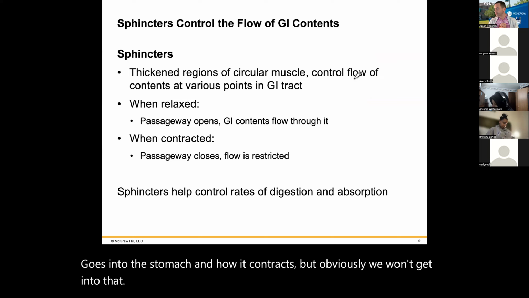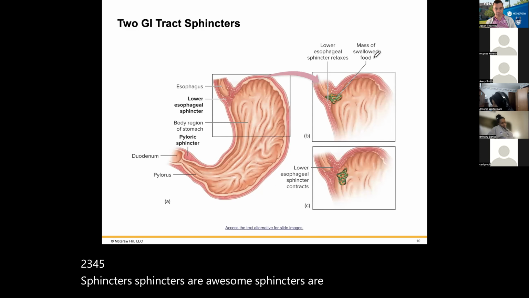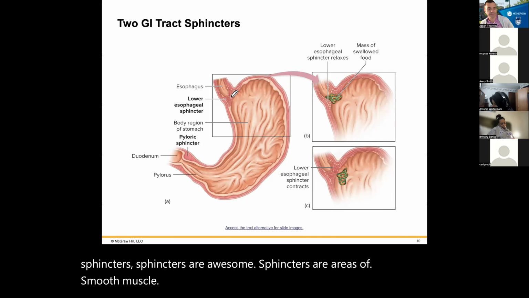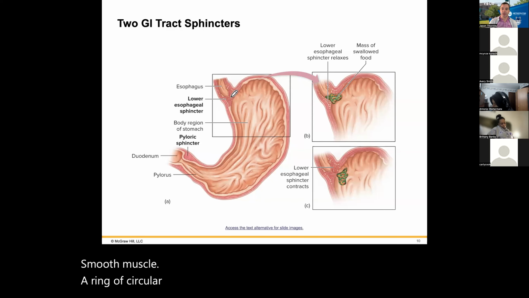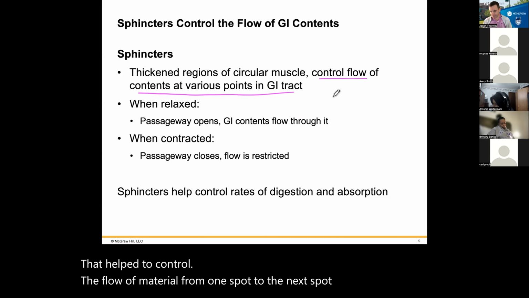We have 1, 2, 3, 4, 5 sphincters. Sphincters are awesome. Sphincters are areas of smooth muscle, a ring of circular muscle, that help to control the flow of material from one spot to the next within the GI tract.